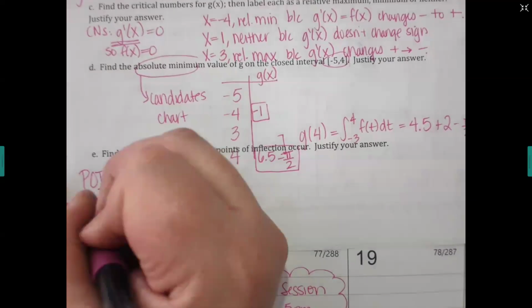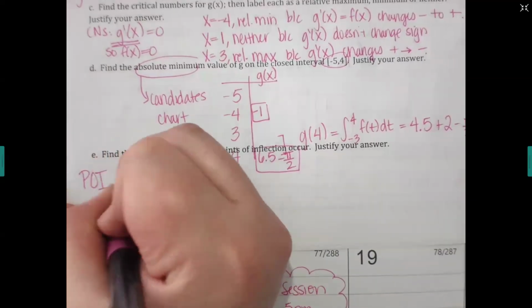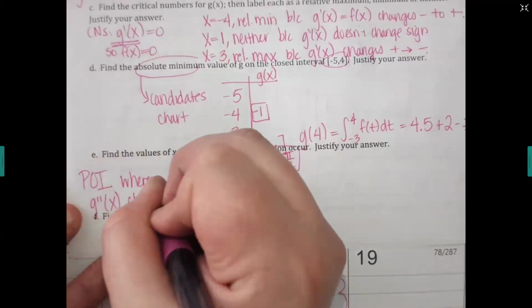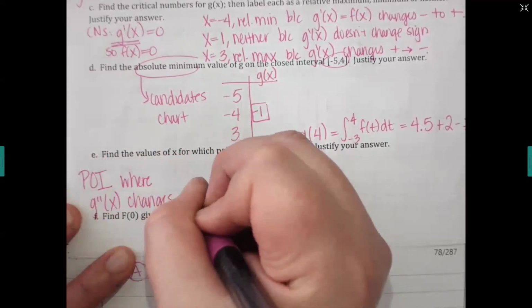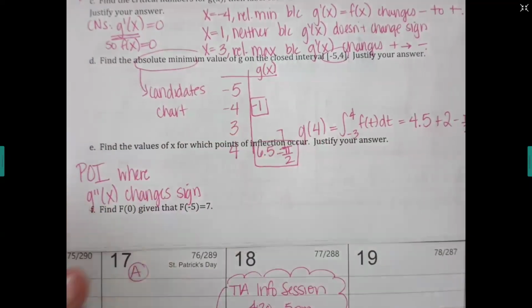Double prime. So points of inflection are where G double prime changes sign. But then what feature is G double prime on this graph? Slope. So go through your graph and I want you to put a big X everywhere that your slope changes sign. Okay, there should be 3 places.